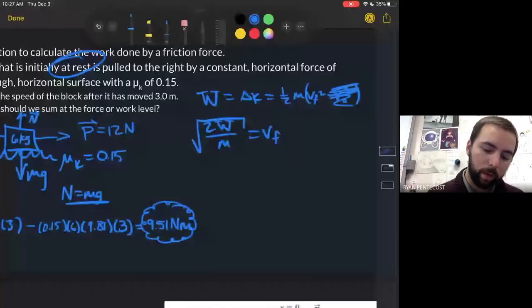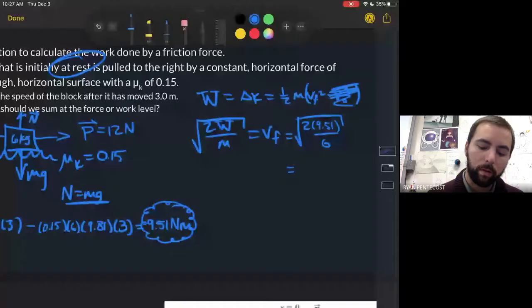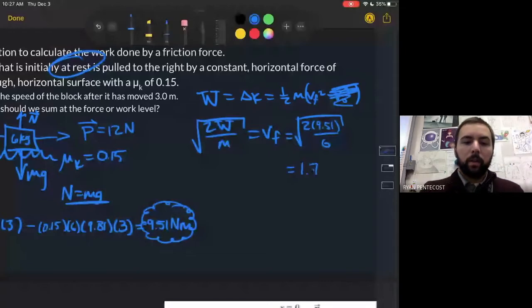That would be the square root of 2 times 9.51 divided by 6. And this gives you a velocity of 1.78 meters per second. So that's how we can find the velocity of a block rubbing on a horizontal surface.